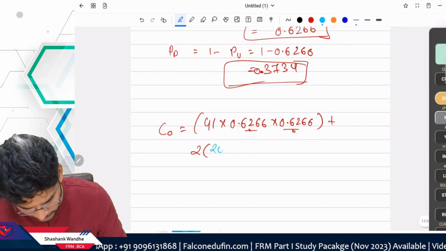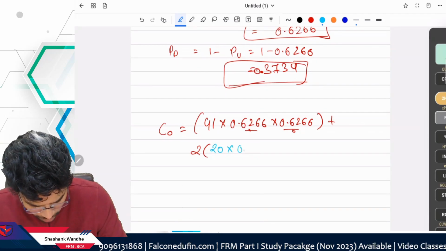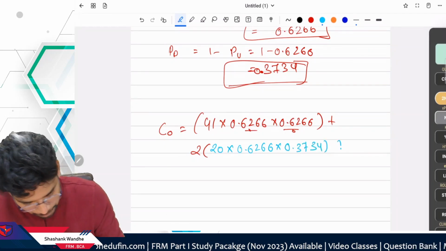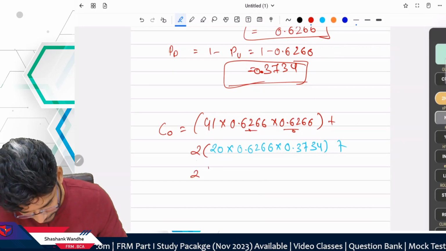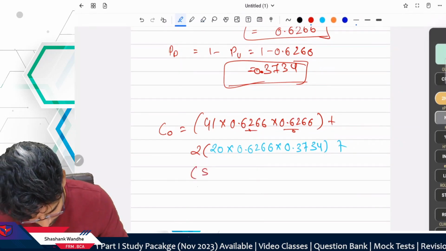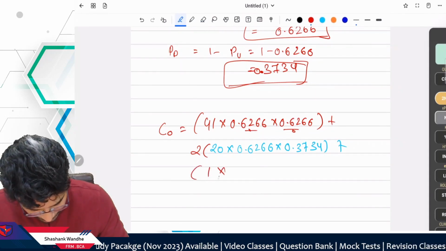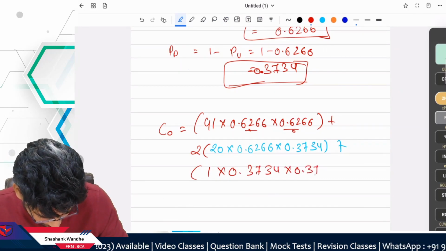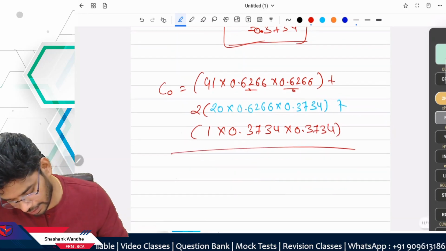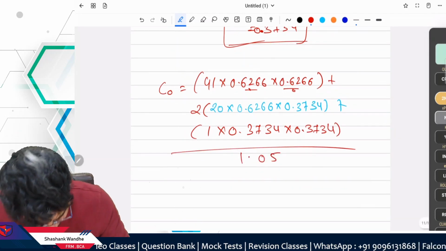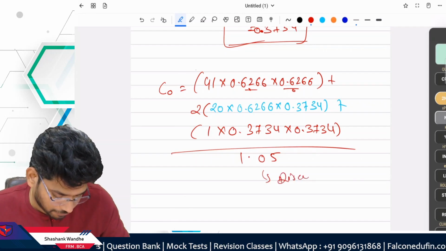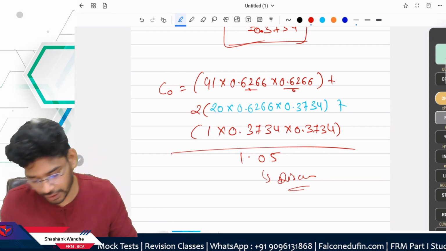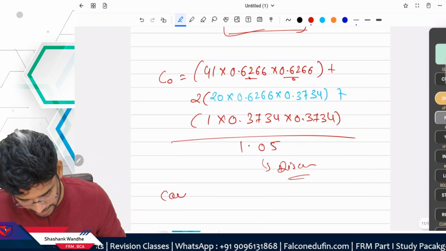So the answer is 20 multiplied by 0.6266 multiplied by 0.3734, plus not 2 into, simply 1, multiplied by 0.3734 multiplied by 0.3734, divided by 1.05. Remember, discounting is for the full year. Only the probability calculation is for the period, and now you have to discount it for the full year. Whatever is the answer is your call price.